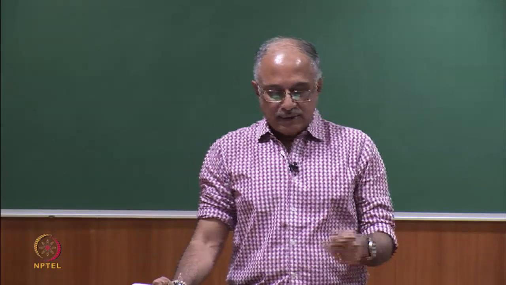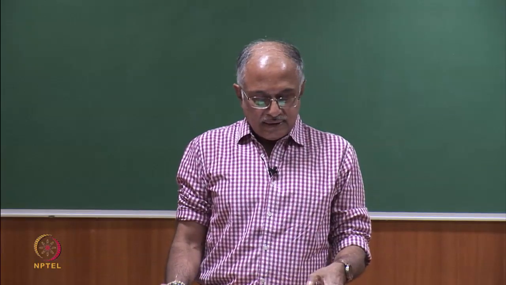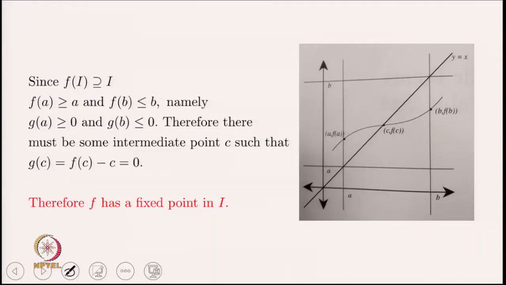Now, since f of I is a superset of I, let us understand why there must be a fixed point. f is mapping a to b into some region which contains it.